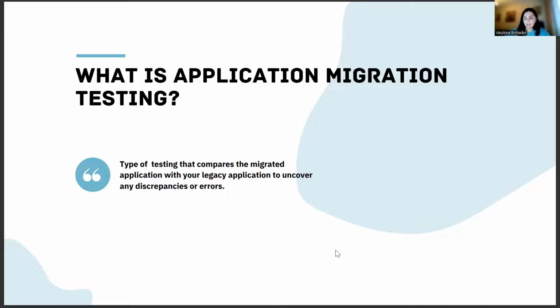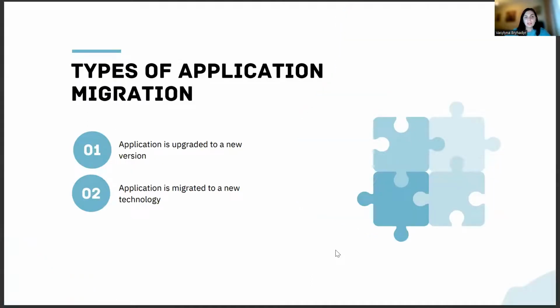If speaking about the nature of application migration itself, we can define at least two types of application migration. The first one is when an application is upgraded to a new version.